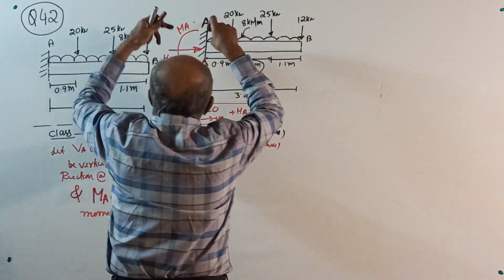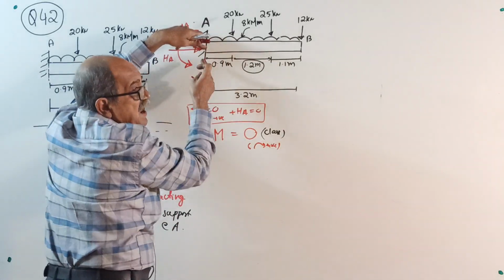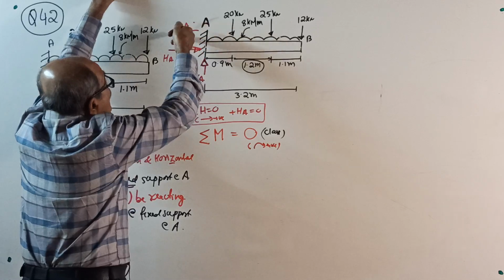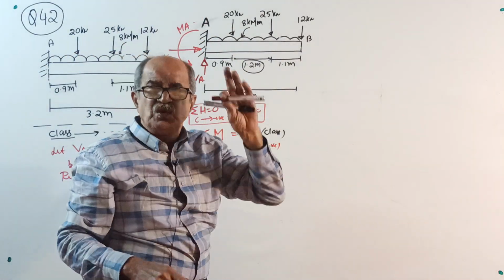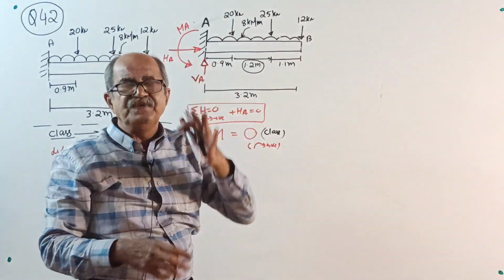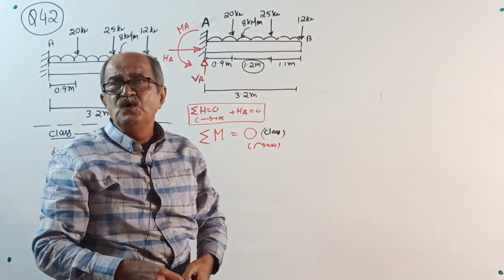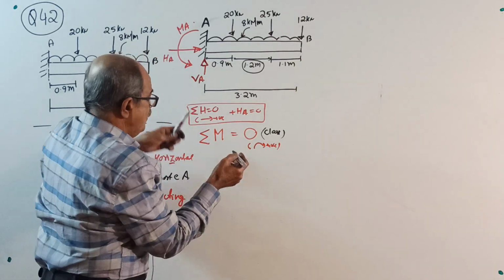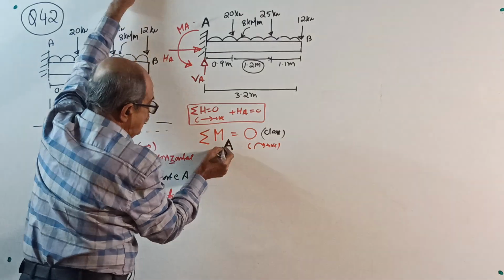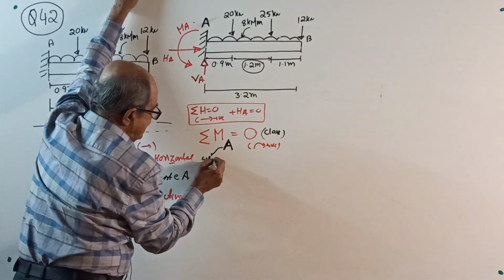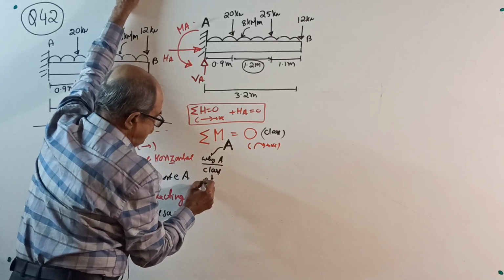But if I take moment about A, then HA into 0, VA also into 0, only MA will come. Therefore, this I told earlier many times. Lastly, I will tell, when you consider sigma M equal to 0 for a cantilever beam, always take moment about the fixed end. A equal to 0. Reason, fixed end.